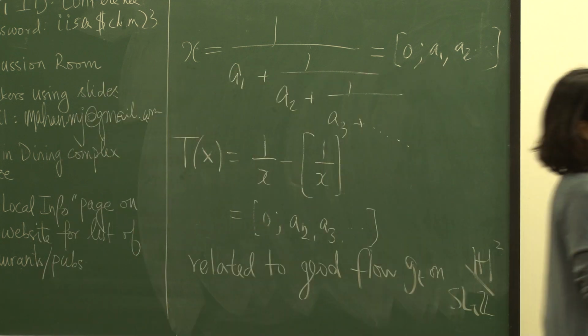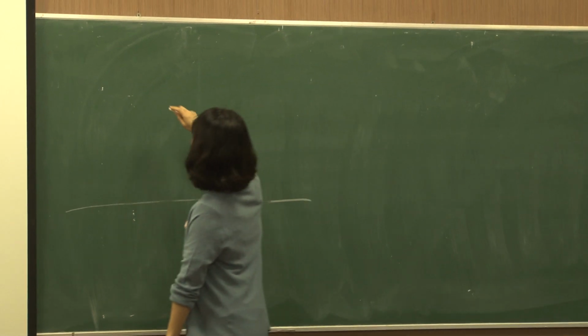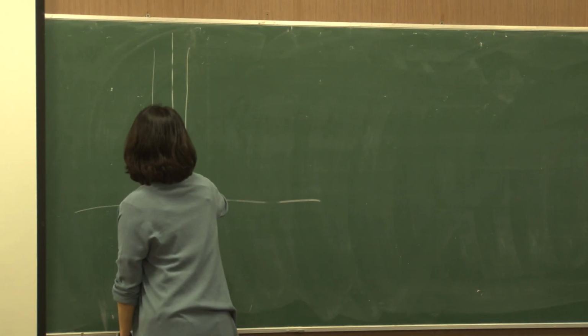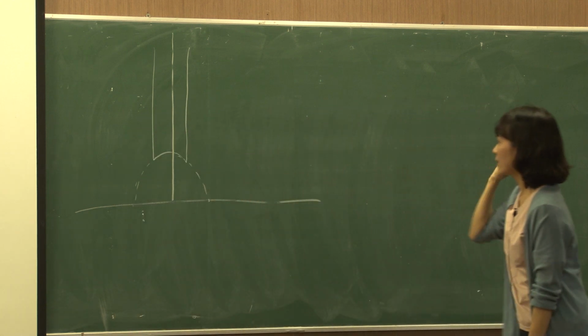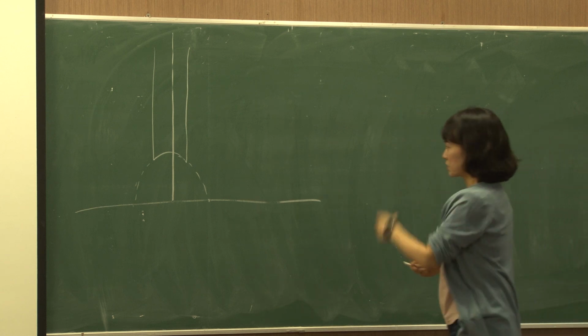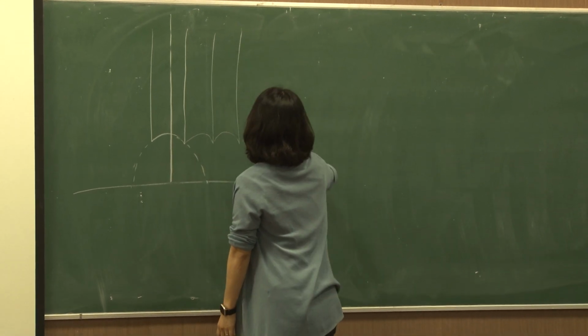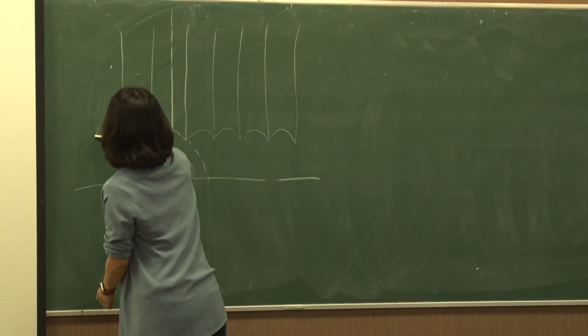If you look at the usual fundamental domain of SL2(Z), here we have this vertical fundamental domain, and then we have a bunch of copies of this fundamental domain.